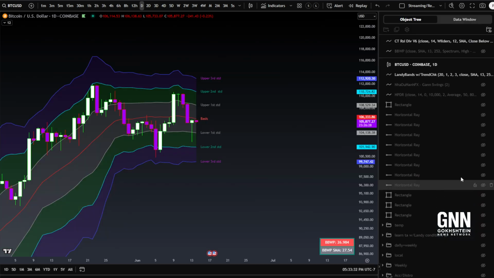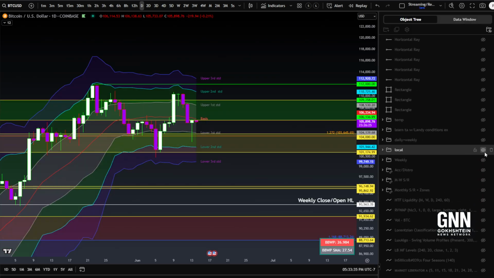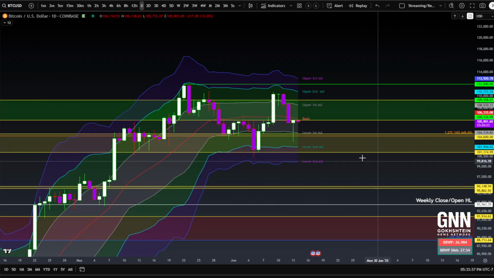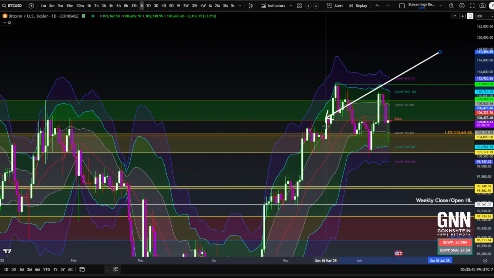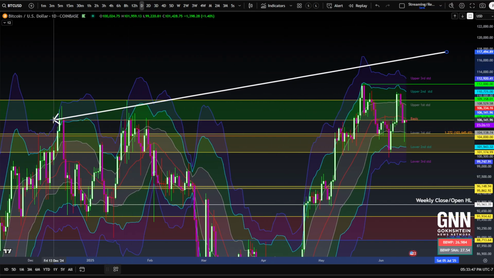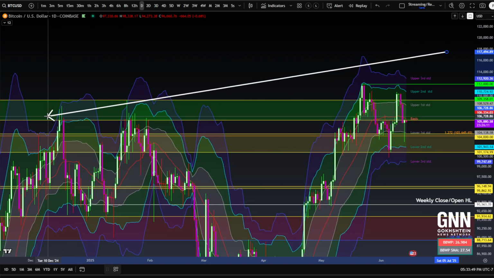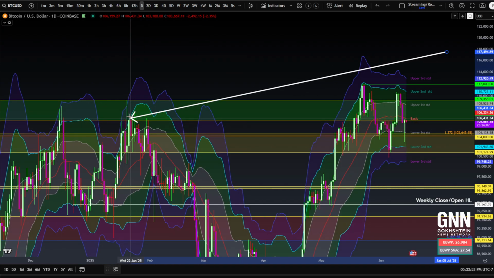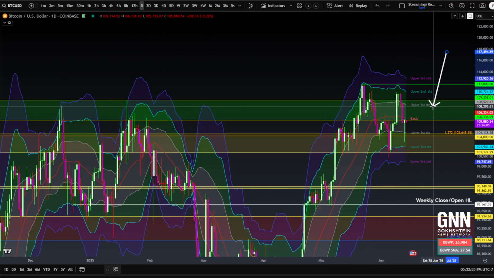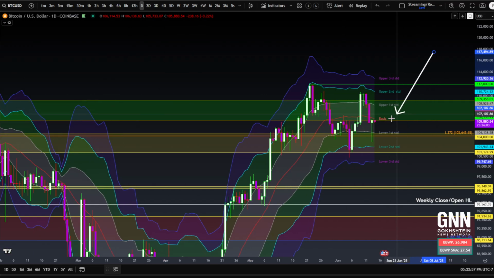So let's go ahead and take a look at the local support and resistance zones of interest here. Bitcoin is teasing reclaiming the basis band here on the daily, which is right there at the close open double top over here, right? We did have higher highs up here, but there is the close open essentially directly on that 106,136 level.